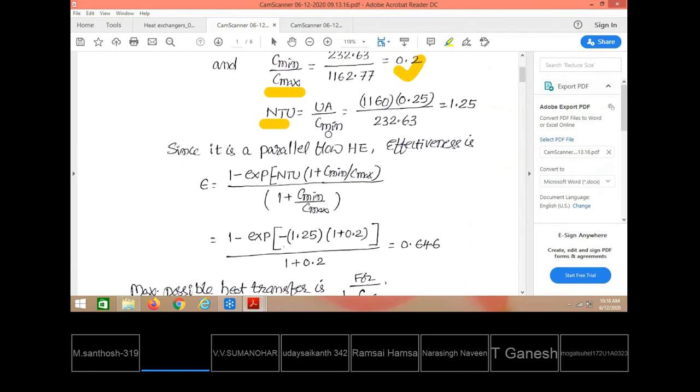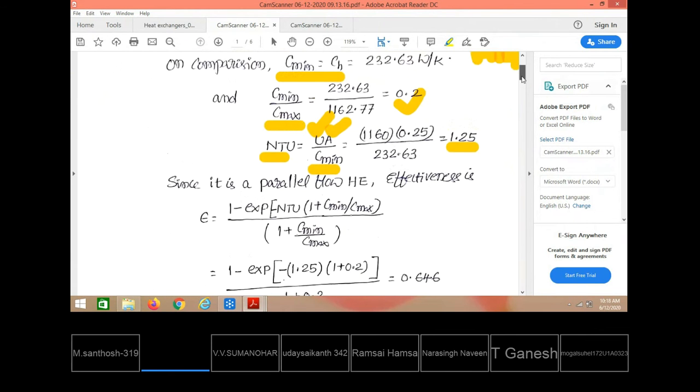Also NTU I have calculated, which is equal to UA by C minimum. U is given, A is given in the problem: 1160, area 0.25 meter square. C minimum is 232.63. From there we estimated NTU as 1.25.